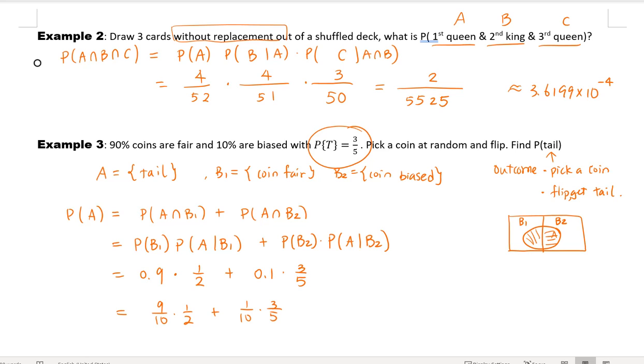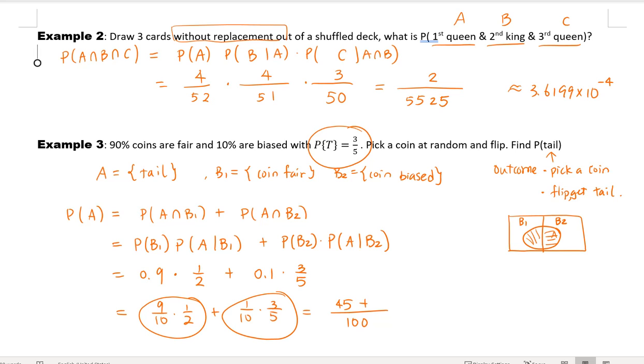Let's see, what do we get? The common denominator is 100. Here we need to multiply by 5 in order to get that, right? So 5 times 9, 45.